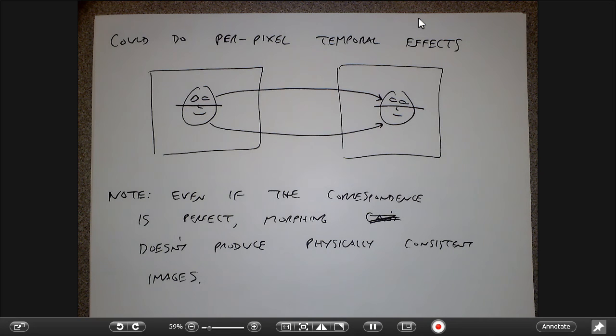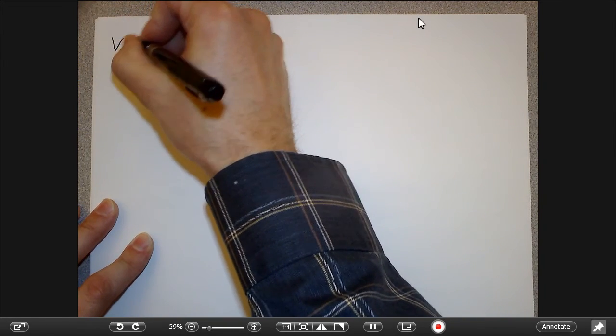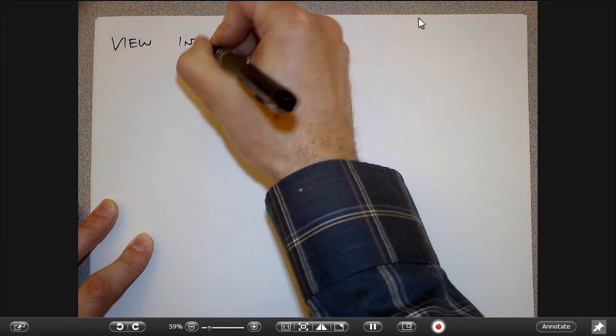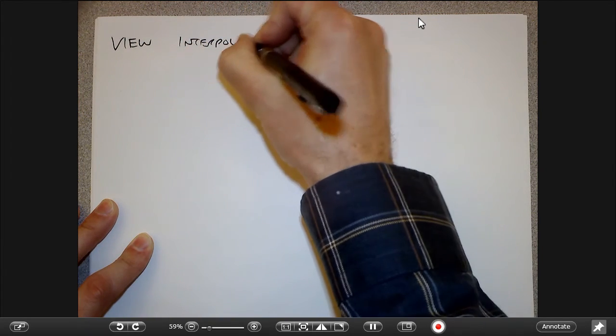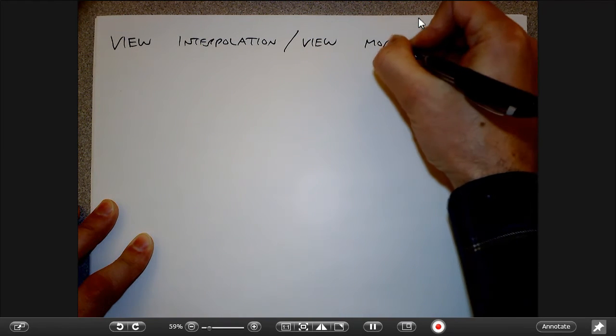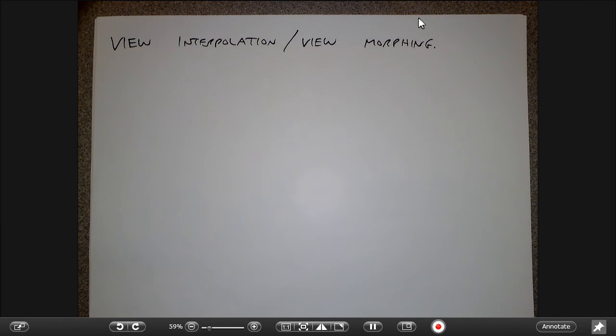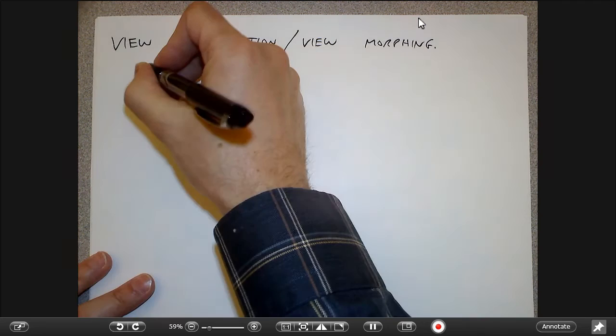And so this gets a little bit into what we're going to talk about on Thursday, which kind of relates to camera geometry and how cameras are used to produce physical images from the scene. But we can talk a little bit about that now without knowing too much about it. And so this is an idea called view interpolation and view morphing. Sometimes you also see this called virtual view synthesis.